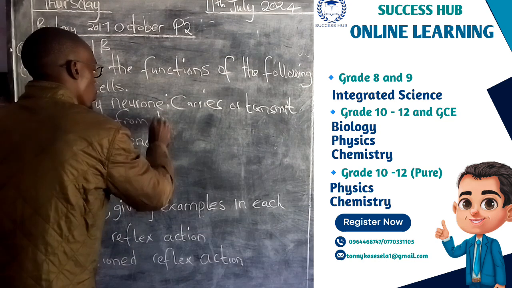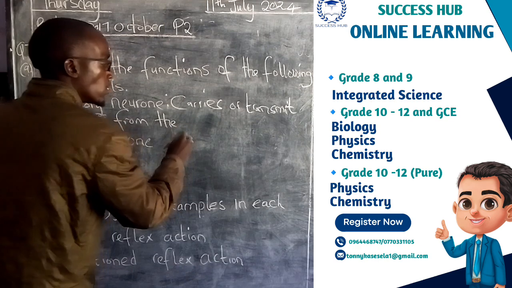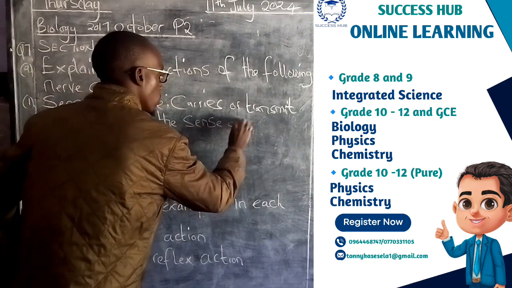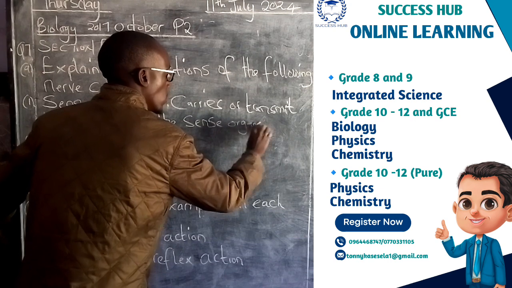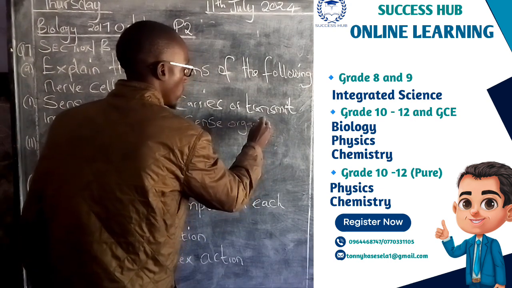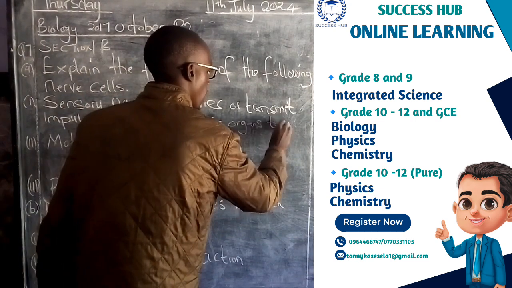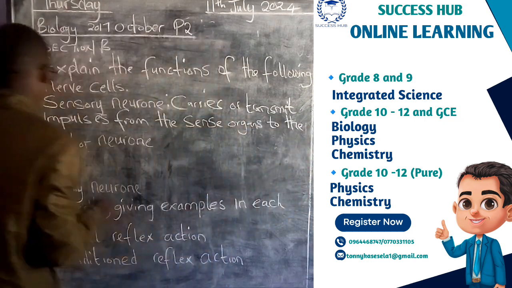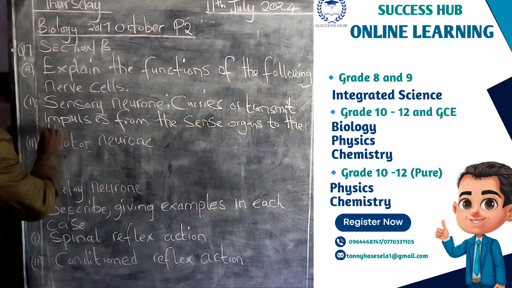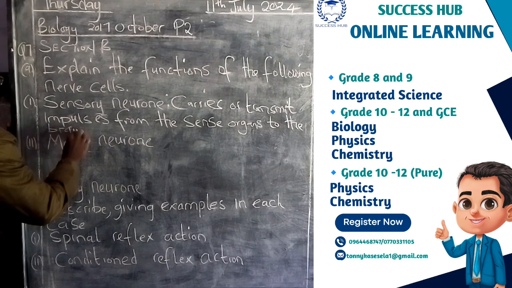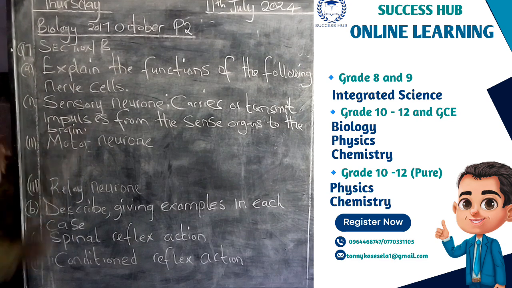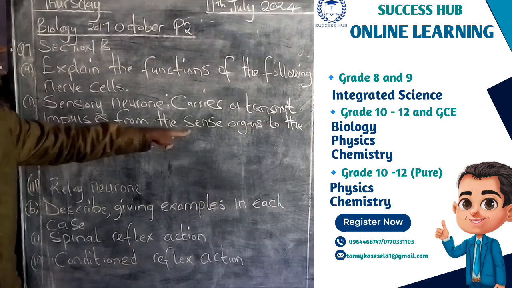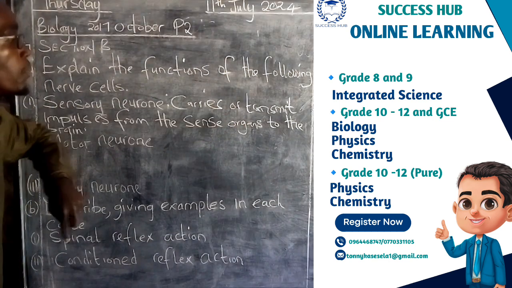From the sense organs to the brain. From the sense organs to the brain. Okay. Carries or transmits impulses from the sense organs to the brain.